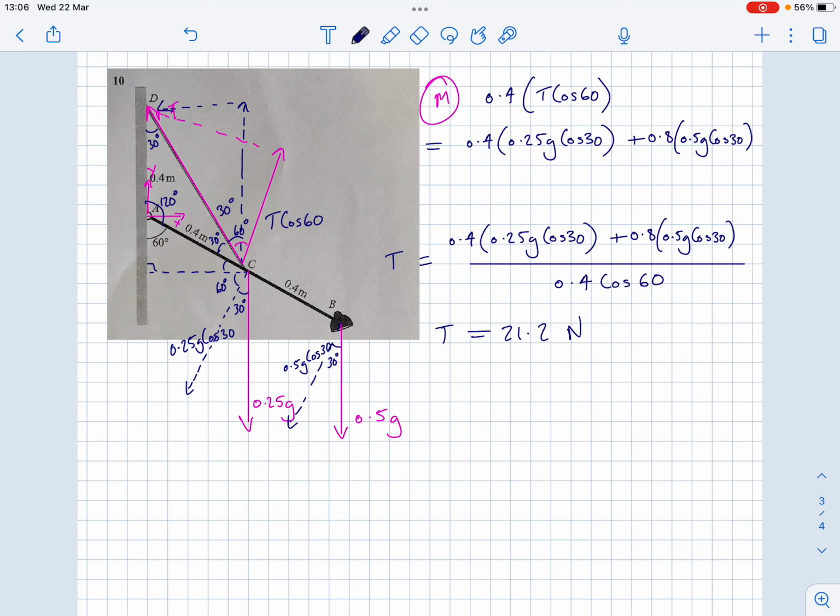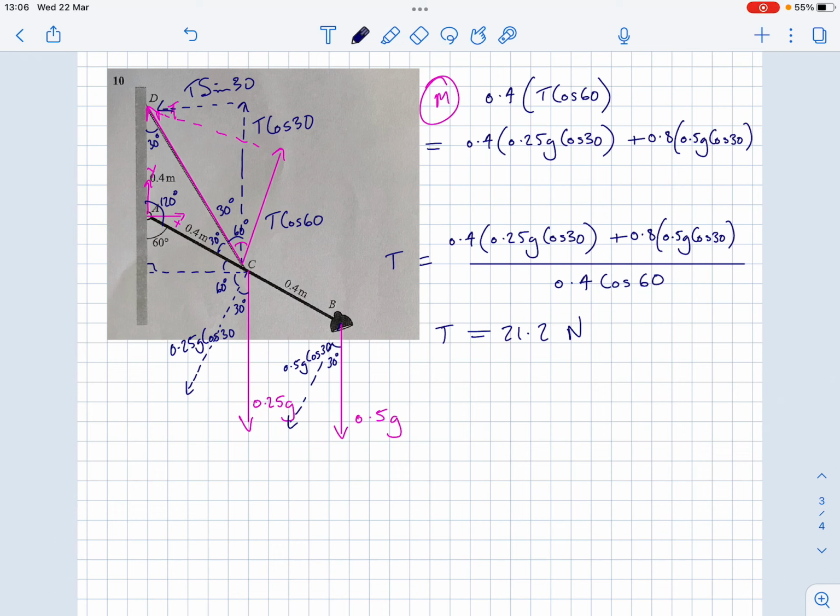You can see that from knowing this triangle has to be 30. We worked out that this was 30 from the isosceles triangle, and these two lines here make a right angle. So 30, 30, that must be 30 as well. So we get T cosine 30, T sine 30.